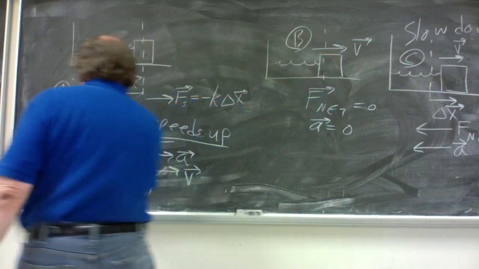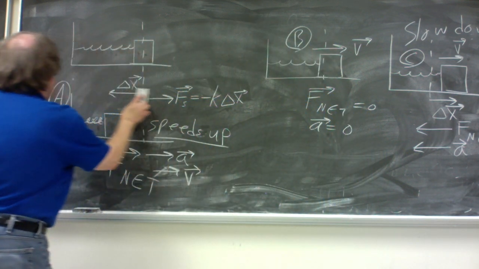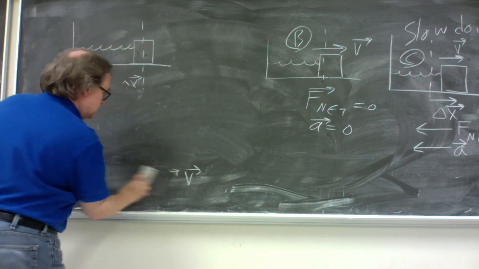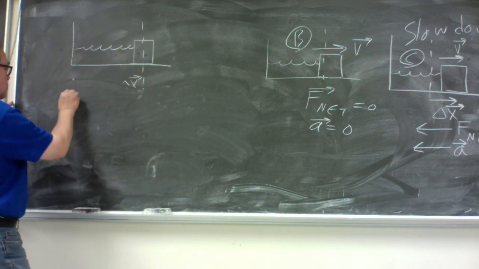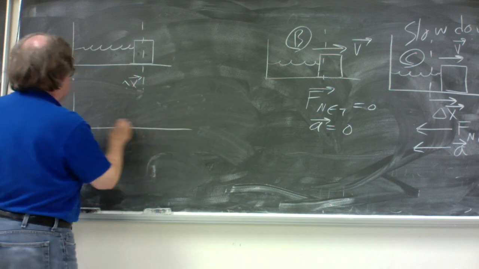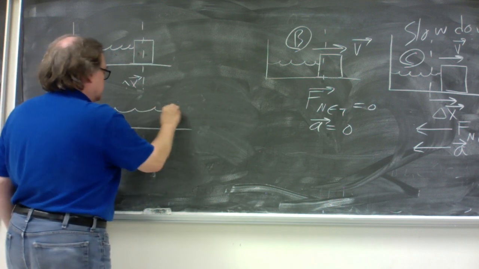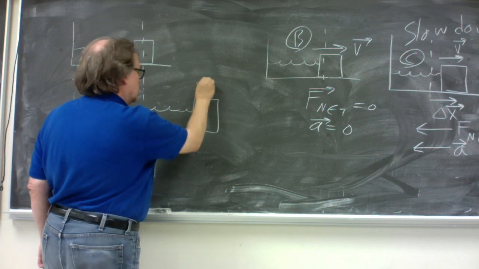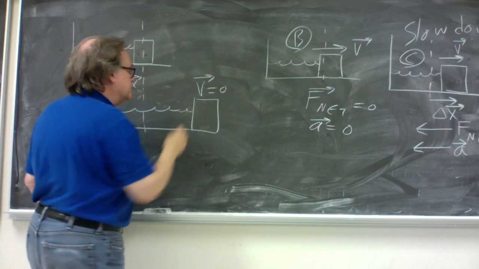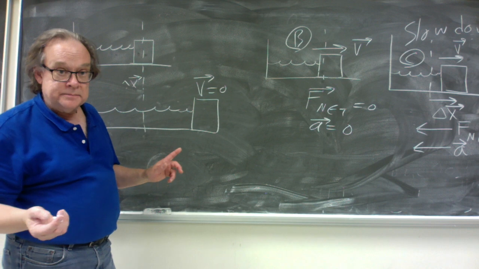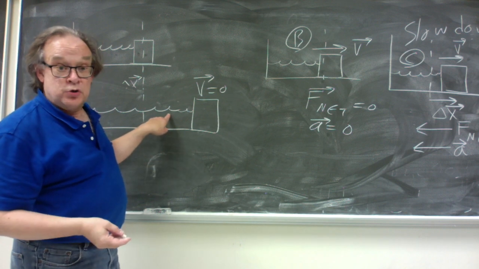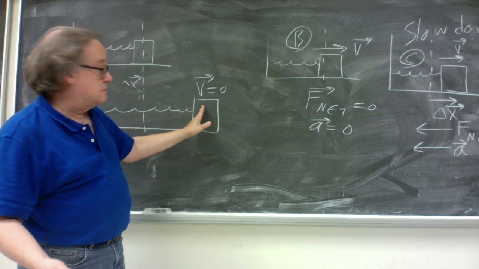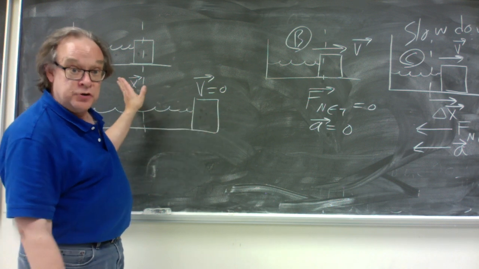And now situation D, the mass will have slowed down all the way to a stop. So zero velocity, but the spring is stretched as much as it's ever going to be stretched, because at this point it stops and it's going to turn around.